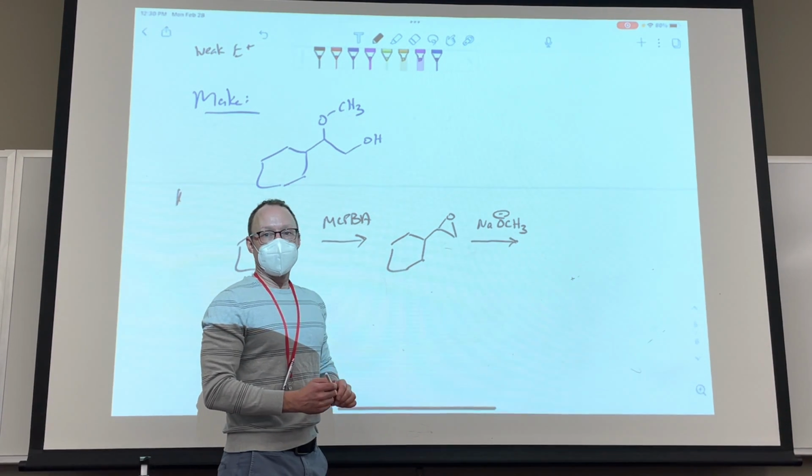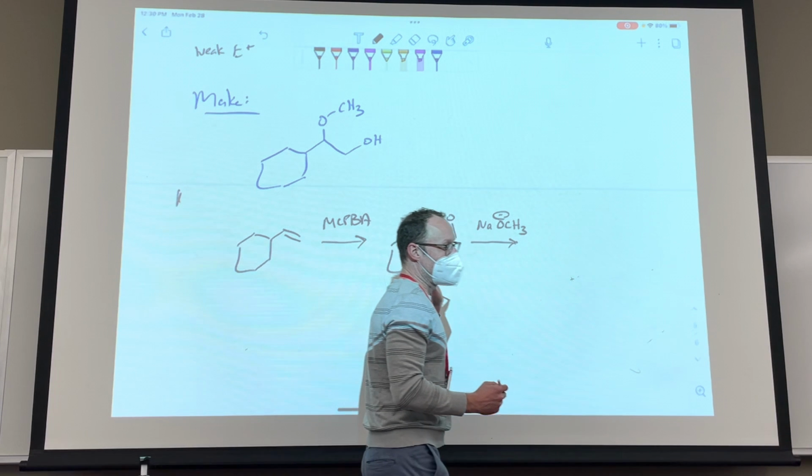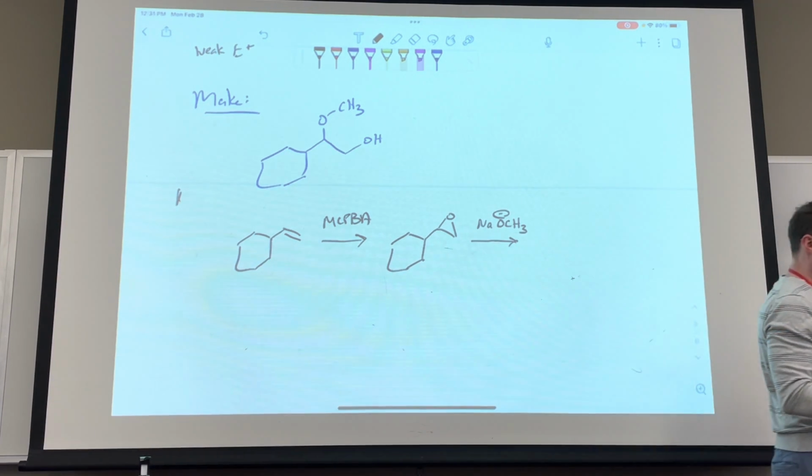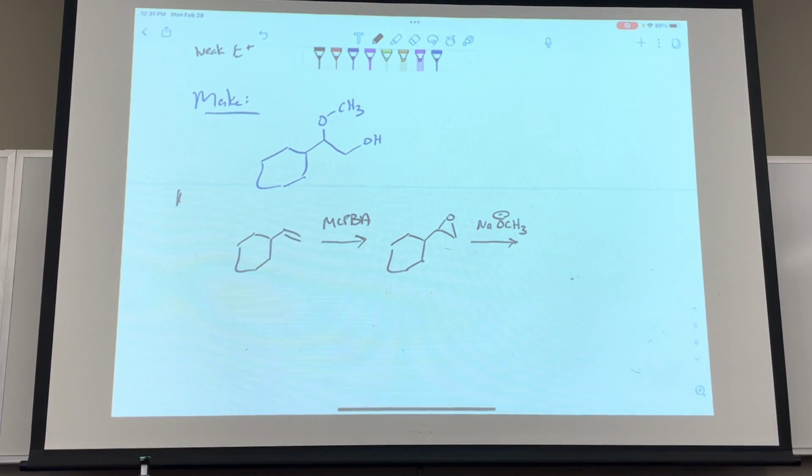Then don't we need to use the acid catalyzed? Yeah, exactly, that's the problem with this, right? If I had done this reaction as written, the methoxide would open up the epoxide, but remember, we're dealing in this case with a negative nucleophile, a strong nucleophile. And when you're using that, sterics rules. And so it would be easier for the methoxide to come in like that and open up that way, which would not give us the right product, right?